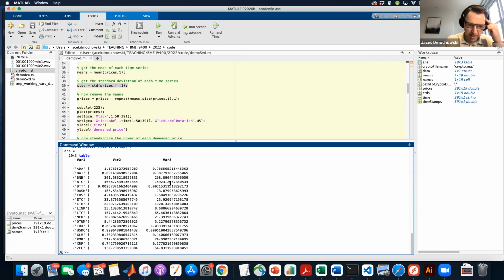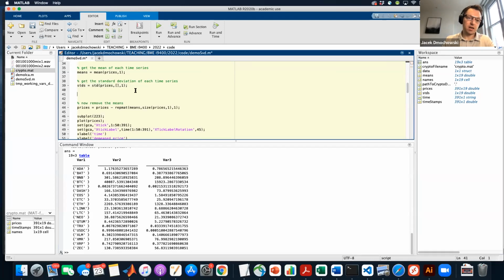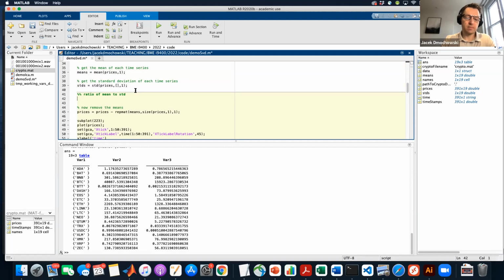And so here we see that the ratio of mean to standard deviation could be taken to be a proxy of stability, for example. So I'm going to add this to my code. I'm going to call it SNR, since it's usually called that.